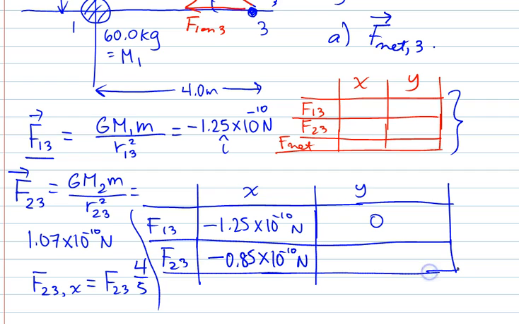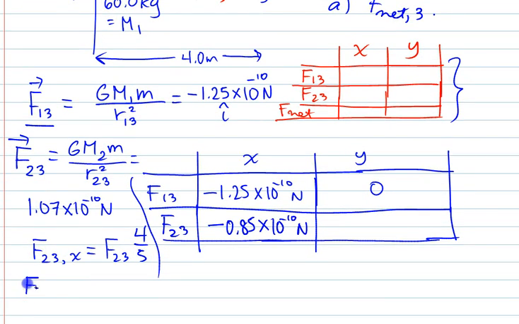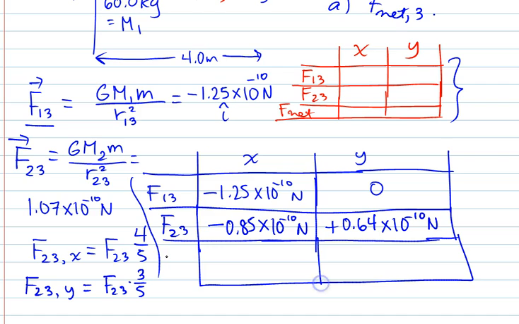And then if I do something similar for F23 in the y direction, I'll get F23 times the sine, which is 3/5, and that's going to be positive 0.64 times 10 to the negative 10th newtons. Then what we do is we add up our totals, and we get negative 2.10 times 10 to the negative 10th newtons and 0.64 times 10 to the negative 10th newtons.